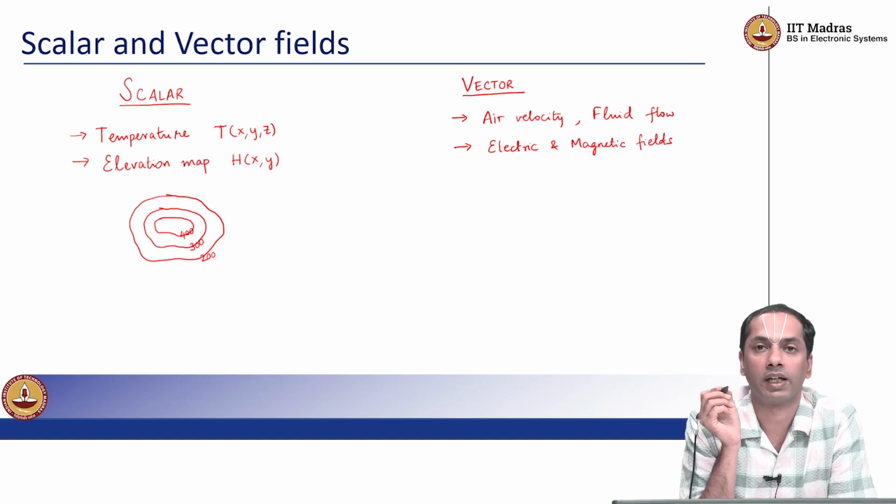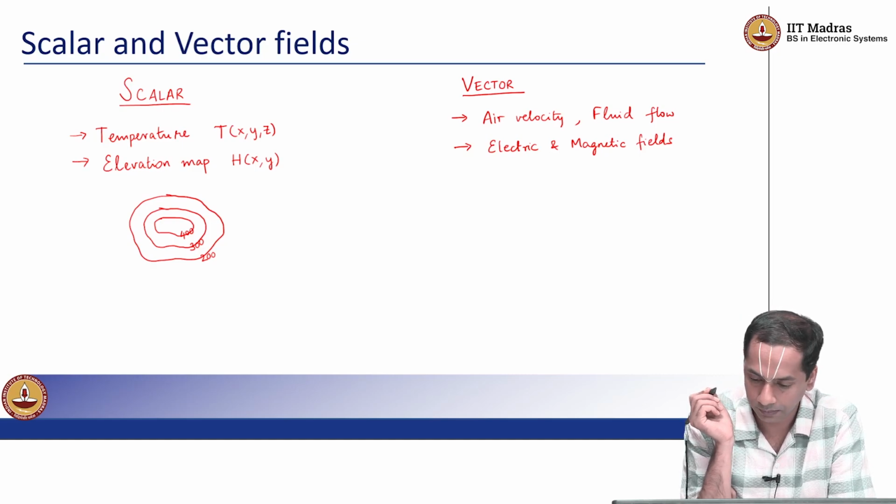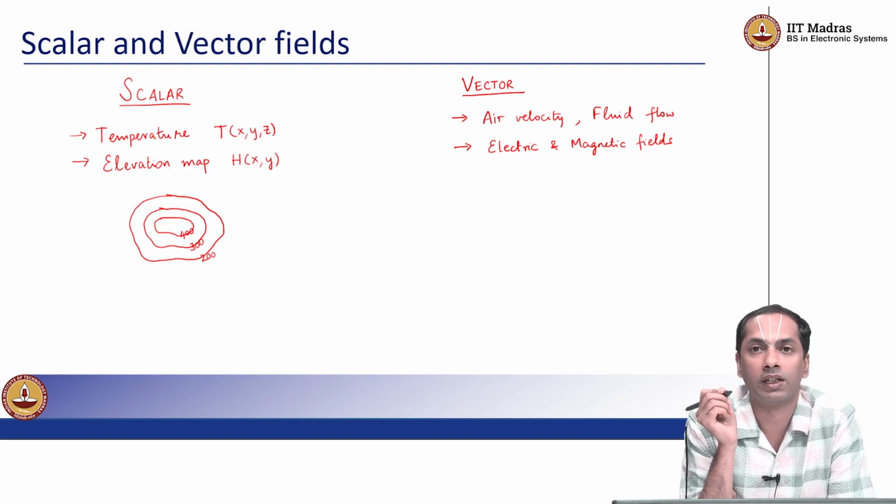which would fall under the category of vector fields, where at every location I would have a certain magnitude for the electric field strength and a direction in which it is oriented, right. But in the case of electric and magnetic fields, there is really no fluid, or there is no motion of anything, right. So going back to the analogy in transmission lines, it is only an apparent motion that we tend to see, right.